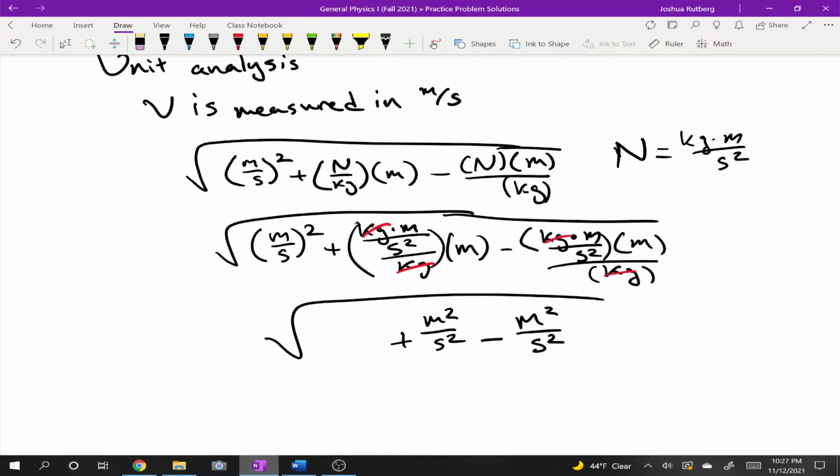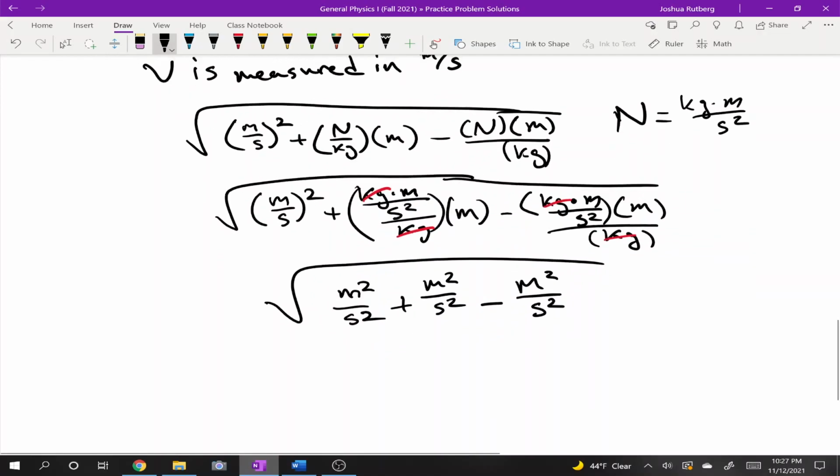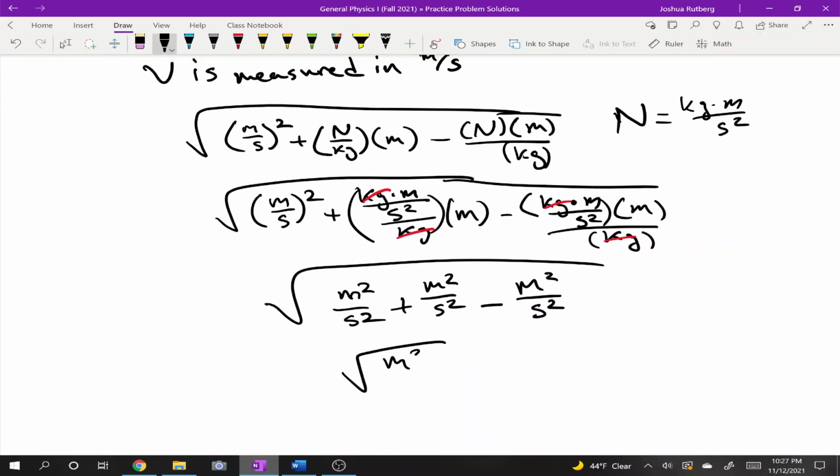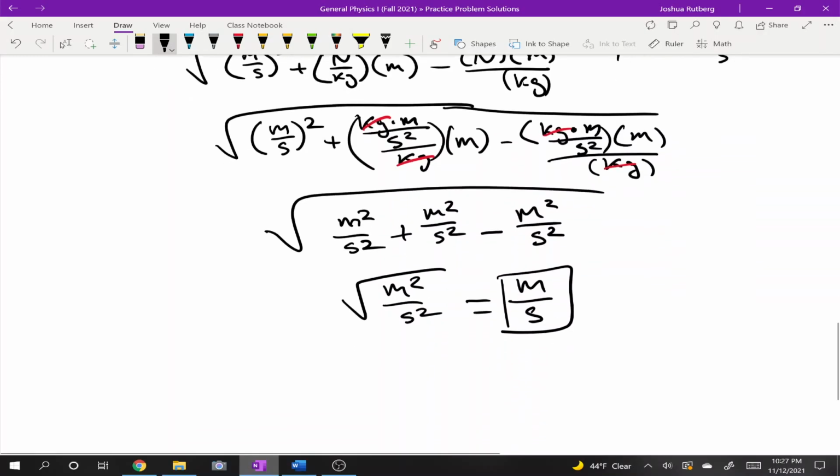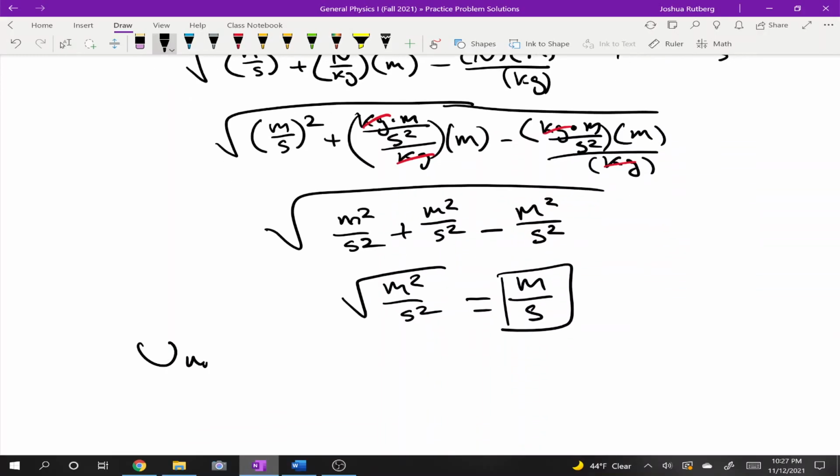All of these things that I am adding and subtracting have the same units, so when I add them all, I'll get that unit. The square root of meters squared per second squared is meters per second. So the unit evaluation checks out.